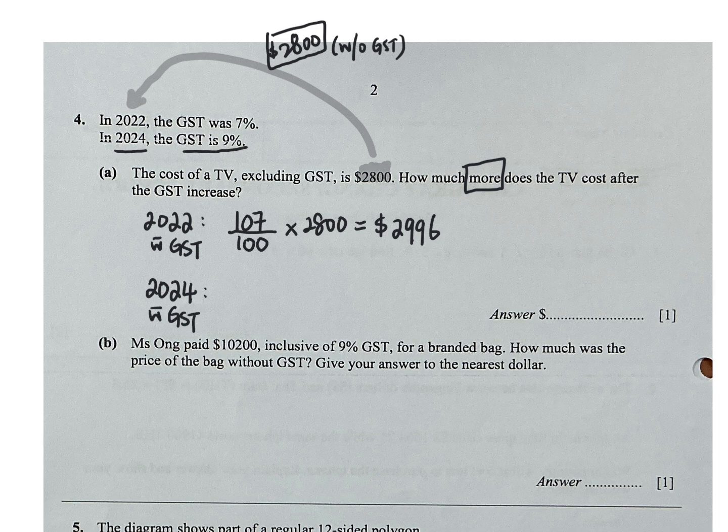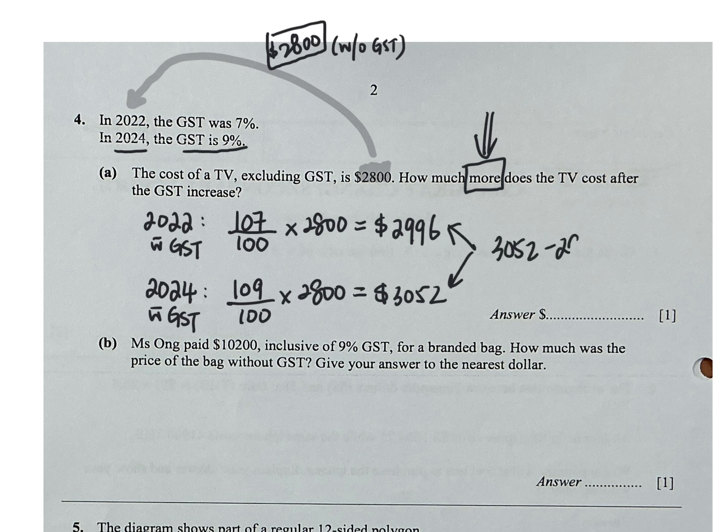So now GST is 9%. So if you calculate the amount, you will get 3052. A lot of you go and find this. But the key thing is they want to know how much more you are paying now with the increase. So you should take the difference between these two. So the answer is just $56.